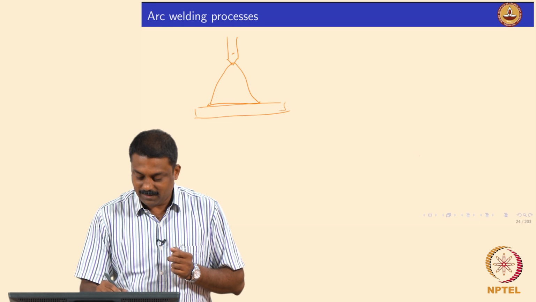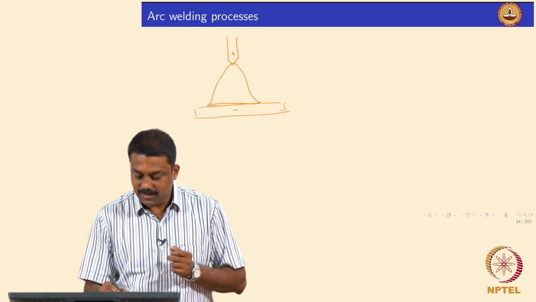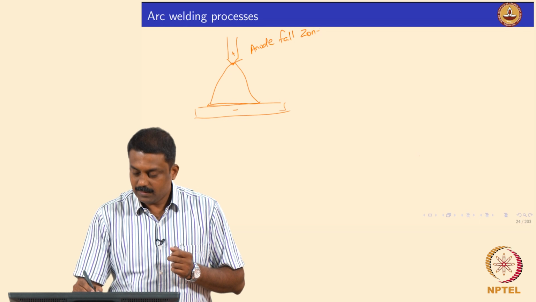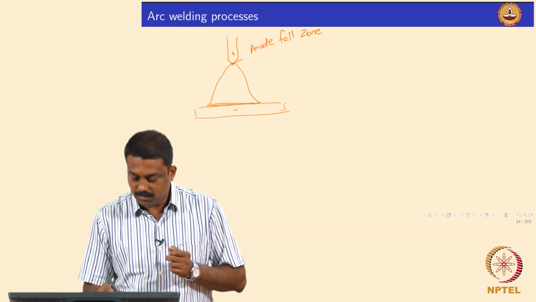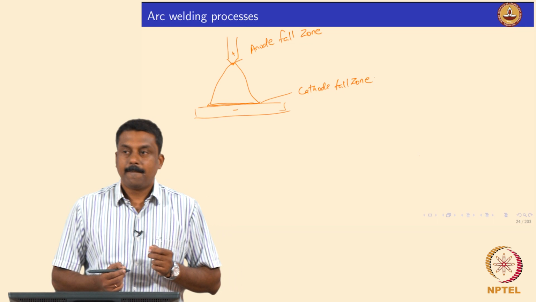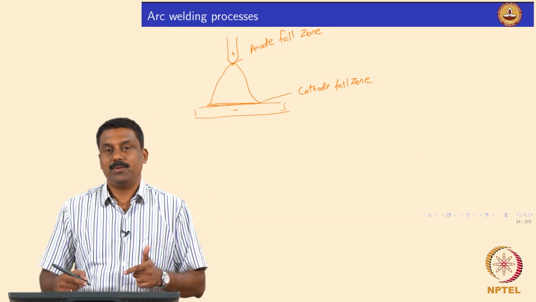Suppose this is our anode and this is cathode. Just below the anode tip we have the anode fall zone, right, and then just above the cathode region we have the cathode fall zone, right? And we looked at the distinctive characteristics of these zones.